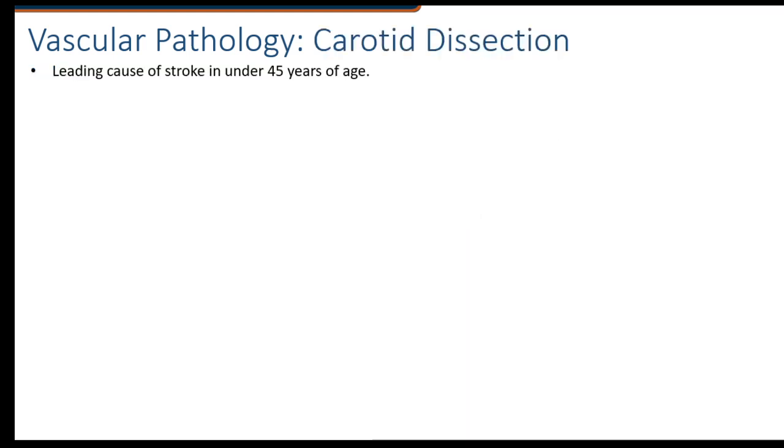Now, carotid dissection is going to be one of your leading causes for stroke in the population under 45 years of age. And this is going to be a pulling away of the intimal layer from the wall.